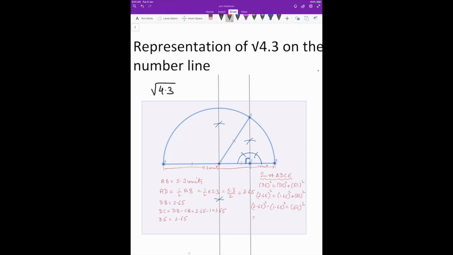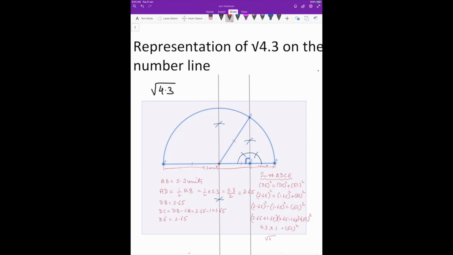So that will give you (2.65 plus 1.65) into (2.65 minus 1.65). We have used the identity a square minus b square. So what is a plus b? 2.65 plus 1.65 will give me 4.3, and 2.65 minus 1.65 will be 1, which is equal to EC square.